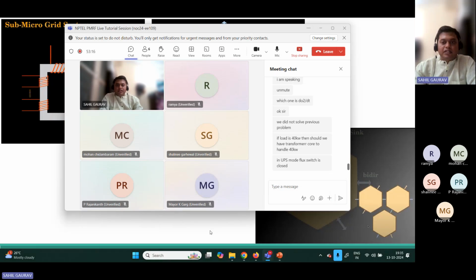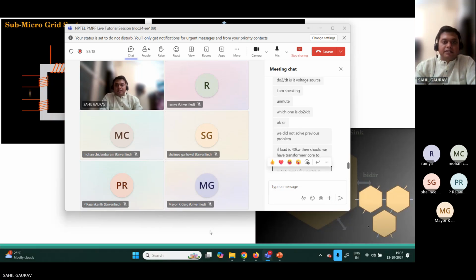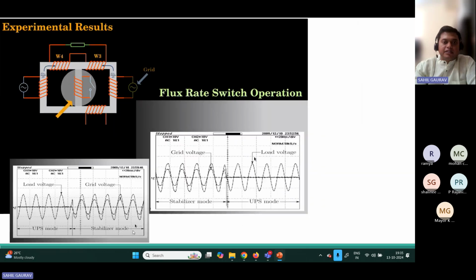In UPS mode, flux switch is closed. So let us see. If you close this switch, then the voltage across it will be zero.